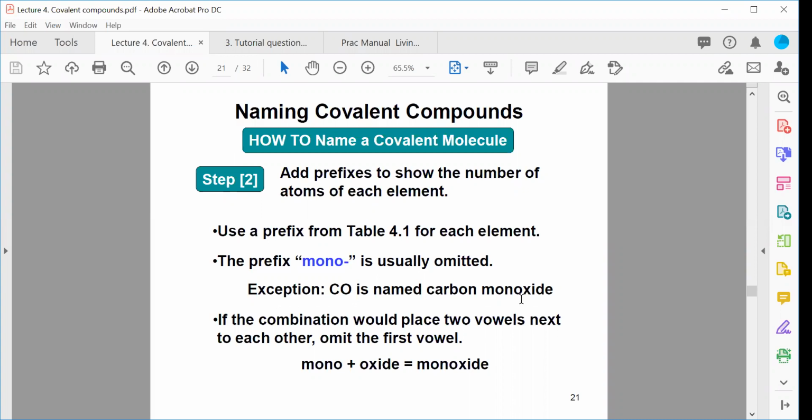Note here we don't say mono-oxide, and that's because if the combination places 2 vowels next to each other, we omit the first vowel. In other words, mono as the prefix and oxide as the name of the element oxygen, then we drop one of those O's to give monoxide.